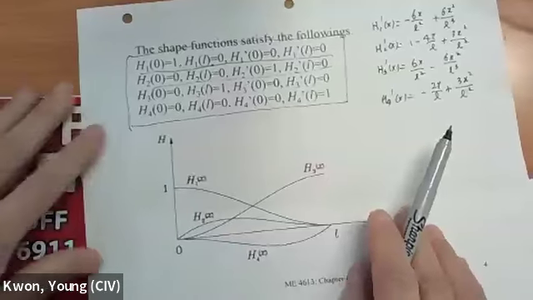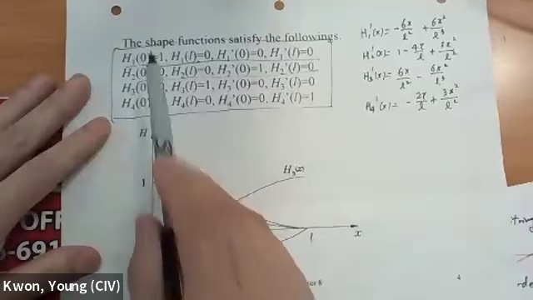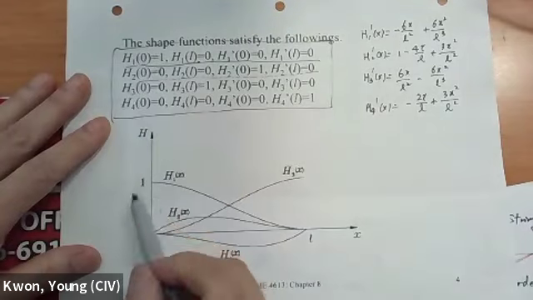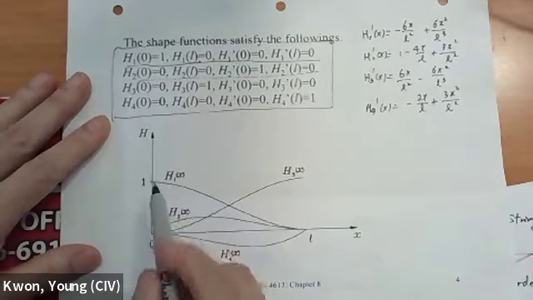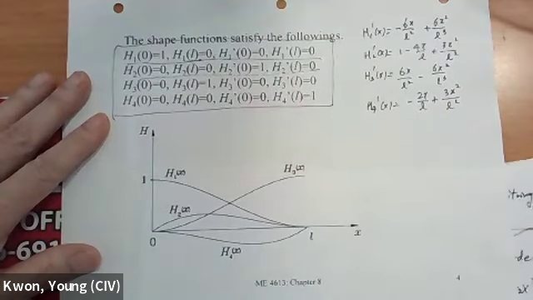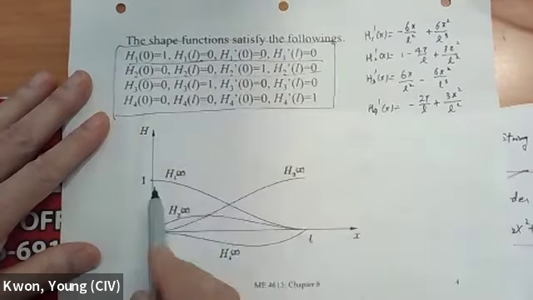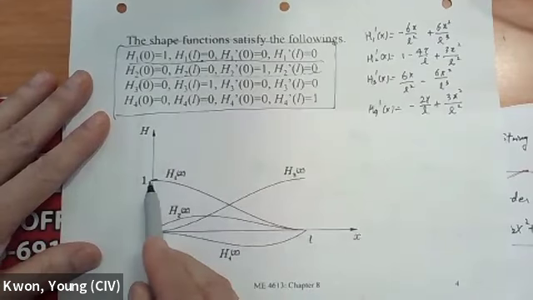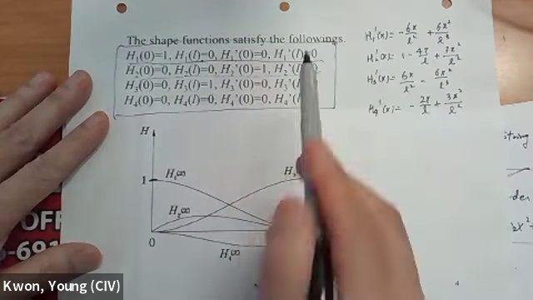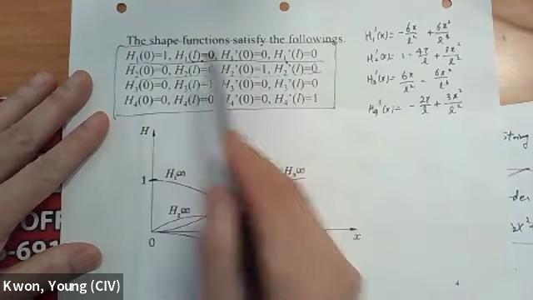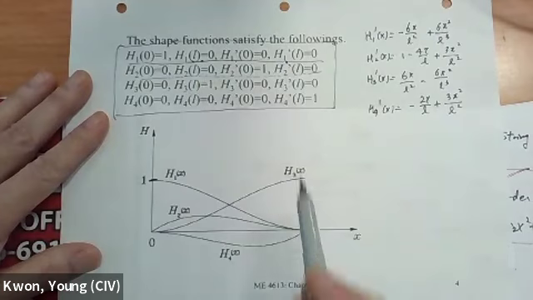To make the long story short, if I plot the H1 function, H1 has a value of 1 there, like a typical shape function, but the slope there is going to be 0. So at x equals L, the function is 0, but also the slope is 0.